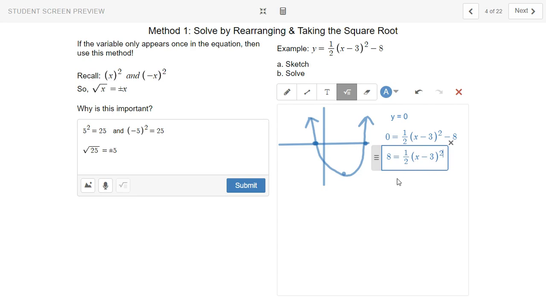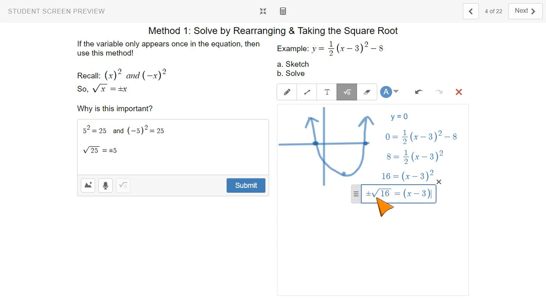When we continue to simplify, I'm going to multiply both sides by 2. So 16 is equal to x minus 3 squared. Now, when I'm taking the square root of this, I need to consider both a positive and a negative. So plus or minus square root of 16 equals x minus 3.